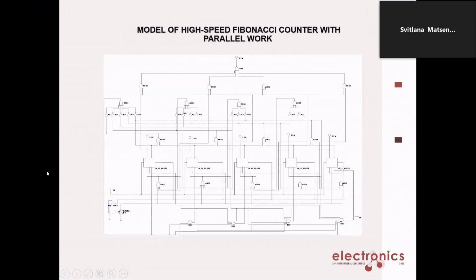This is modeling of this counter using this type of coding, and you can see some information about how this counter works using error detection codes. This counter is based on the minimal form of the Fibonacci codes.